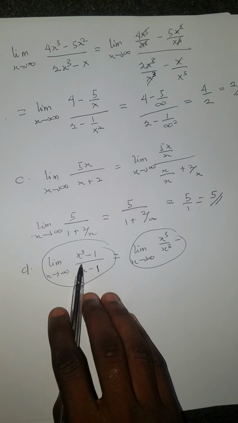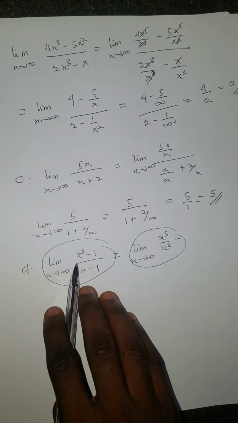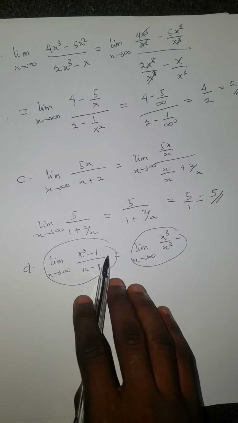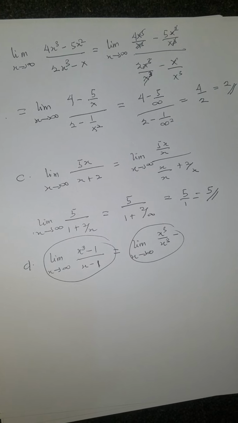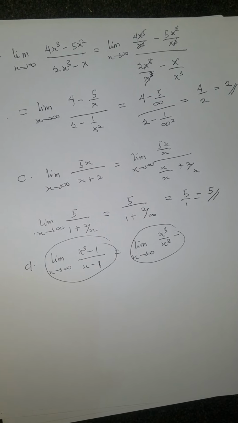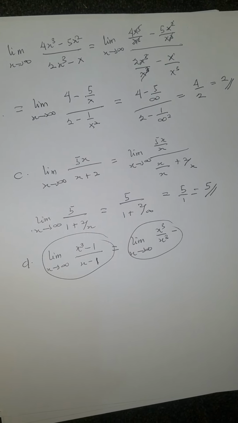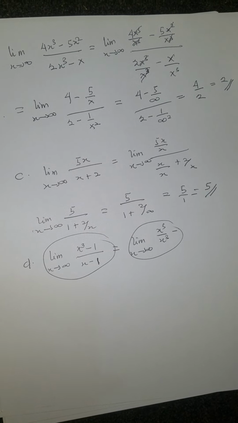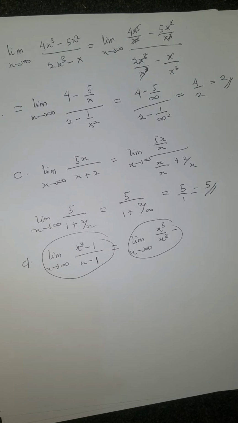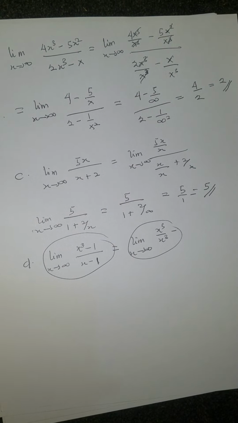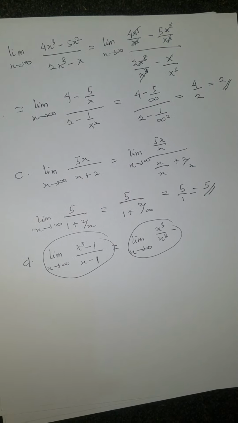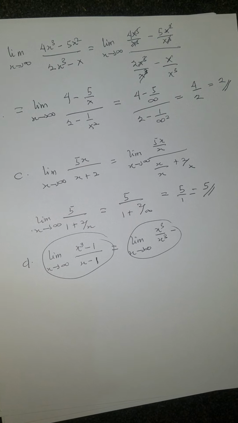In this question, this becomes an improper fraction, and you have to change it using what we call long division, the quotient rule, to divide it. We also call it long division.